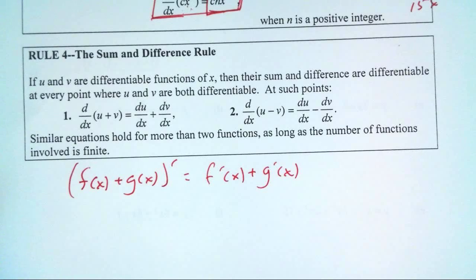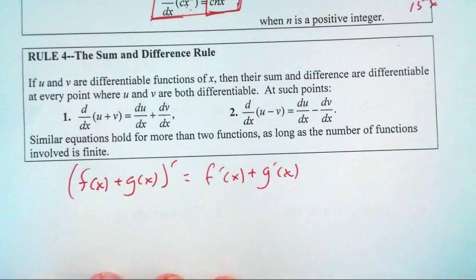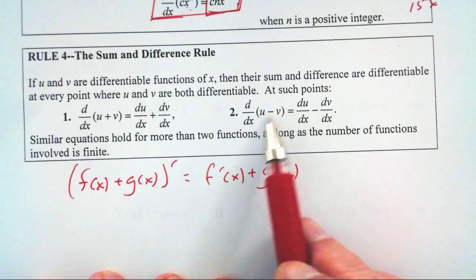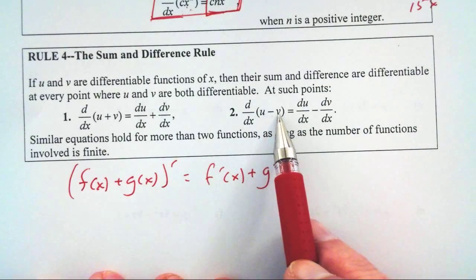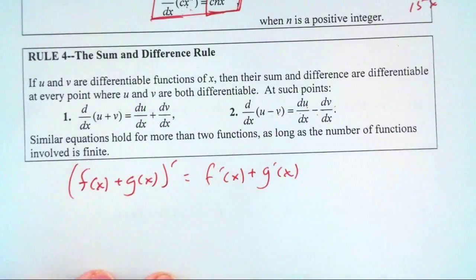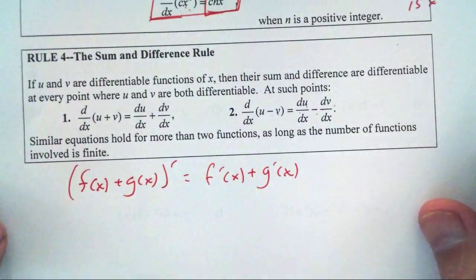Is that okay? It's just what you would think you would do. It's another one of those rules. Likewise, if it's subtraction, the derivative of a function minus a function is the derivative of the first function minus the derivative of the second function. Easy enough. It's just what you would think it would be.